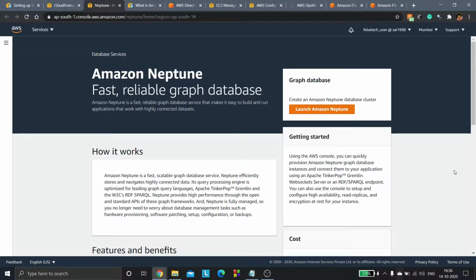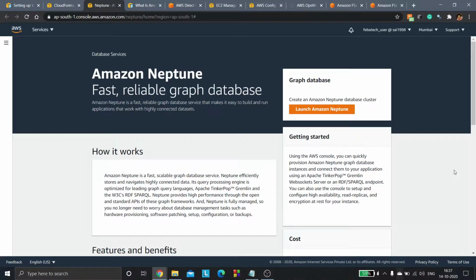Moving on to the next one, we have Amazon Neptune. Amazon Neptune is a fast and reliable graph database service, and we can build and run applications that work with highly connected datasets using Amazon Neptune. Neptune has a high performance graph database engine, and this engine is optimized for storing billions of relationships and querying the graph with millisecond latency.